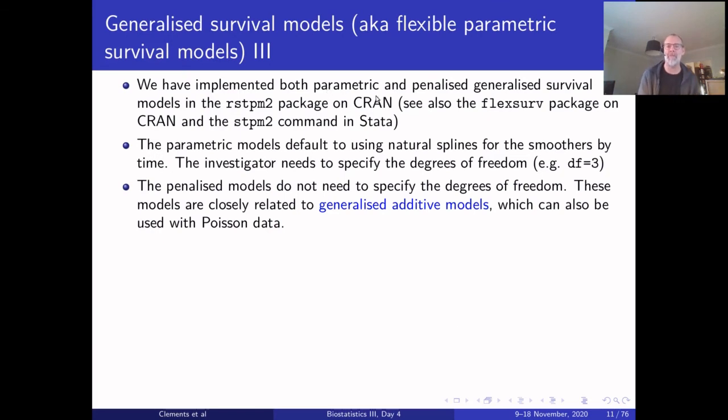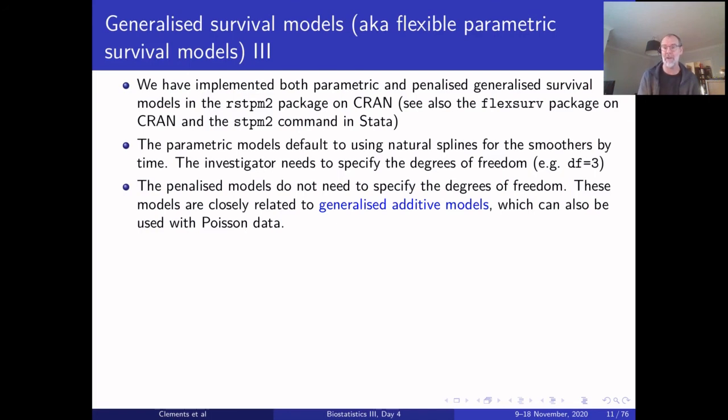We have implemented both parametric and penalized generalized survival models in the RSTPM2 package on CRAN. You could also see the FlexSurv package on CRAN and the STPM2 command in Stata. The parametric models default to using natural splines for the smoothers, which means that the investigator does need to specify the degrees of freedom.